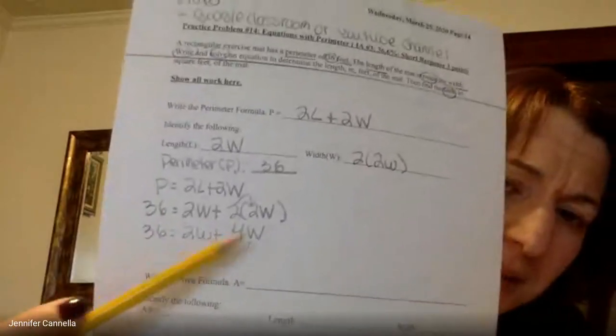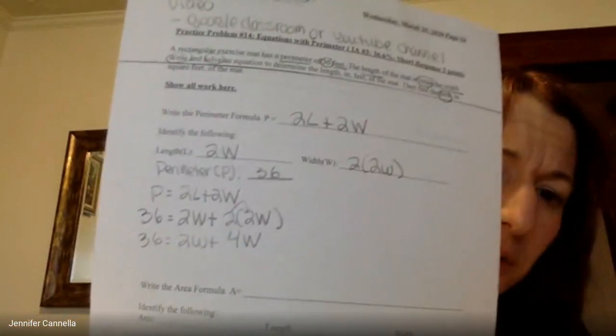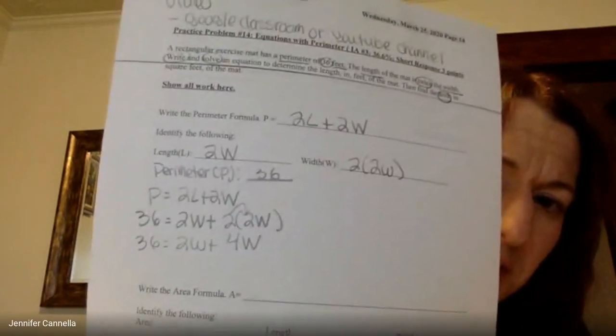We have 36 equals 2W plus 2 times 2, which is 4W. This is the next line. Now, I'm going to bring down the 36 and I'm going to simplify because they have the same variable. They are like terms. Like terms means I can combine them because the variables are the same. So 36 is equal to 6W because 2 plus 4 is 6.